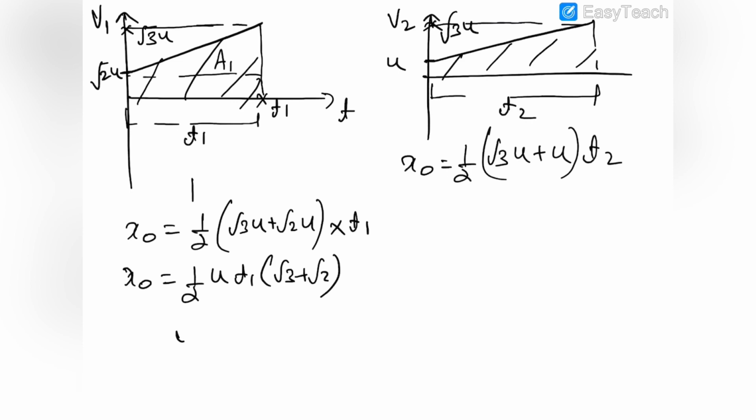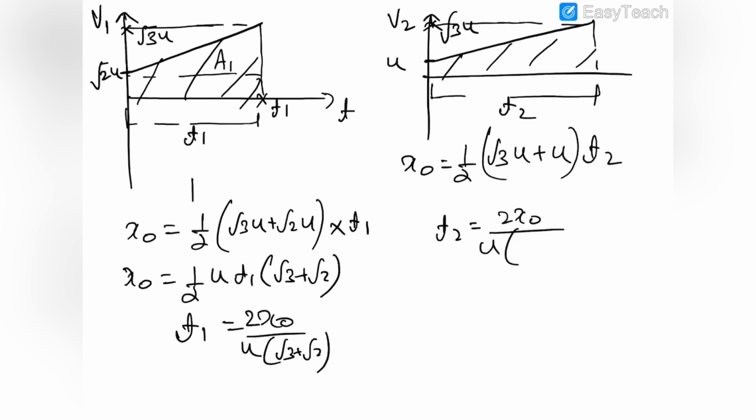So you can see that t1 is equal to 2x naught upon u into root 3 plus root 2, and t2 will be equal to 2x naught upon u into root 3 plus 1. Okay, so this is t2. Now easily you can see that if we find t1 by t2, then t1 by t2 would be equal to root 3 plus 1 upon root 3 plus root 2.